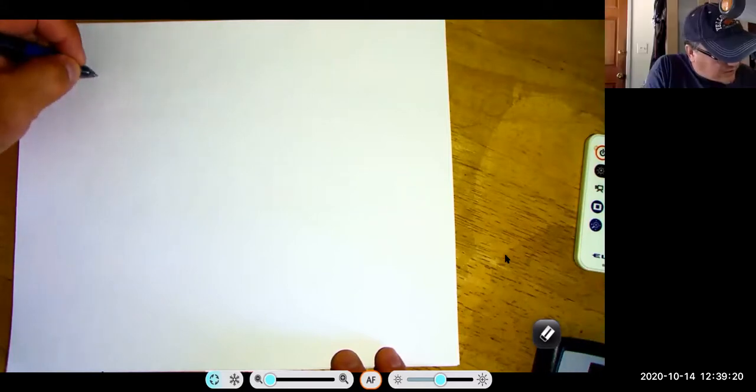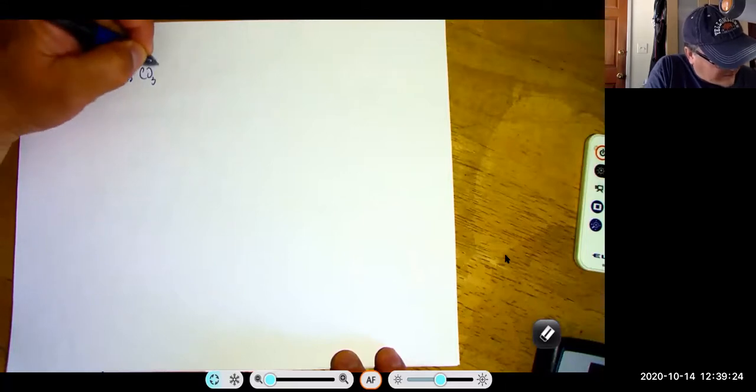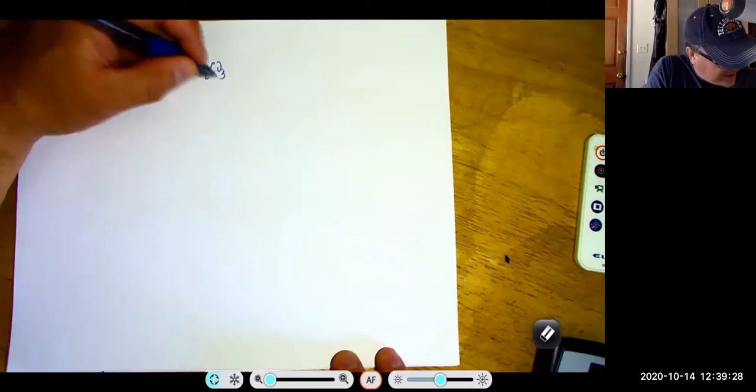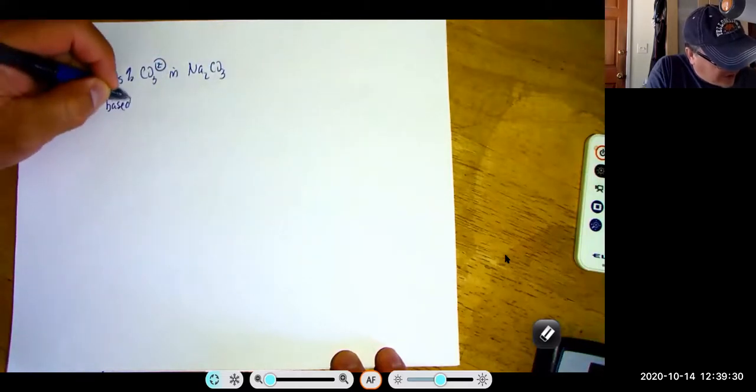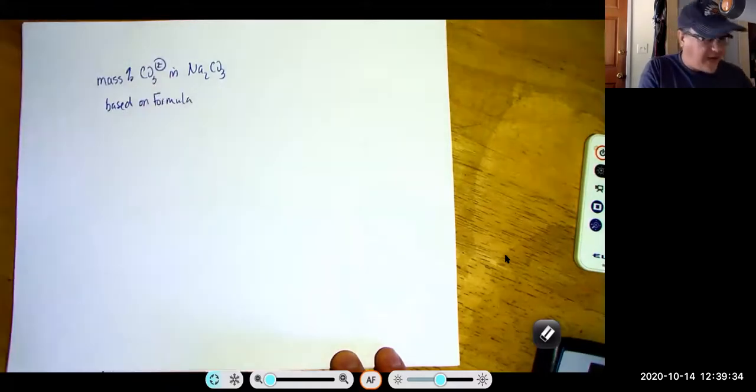Okay, so let's say that we want the mass percent carbonate in Na2CO3 based on the formula. That's what we're going to do, okay?